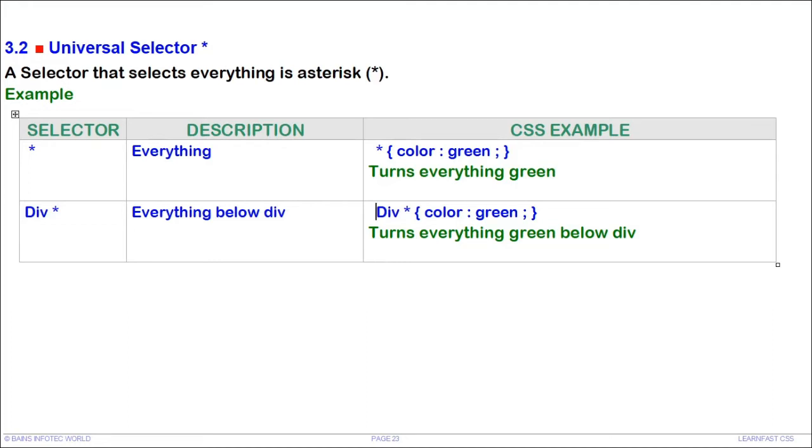So we say div space star followed by the color rule definition, and this will turn anything and everything, any HTML element which is contained inside a div section, into color green.